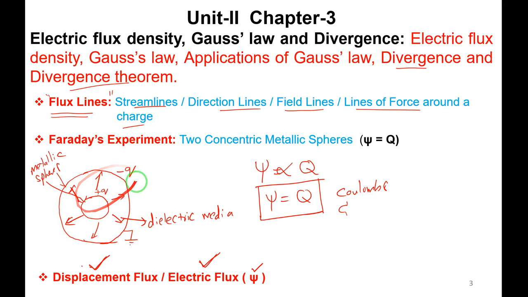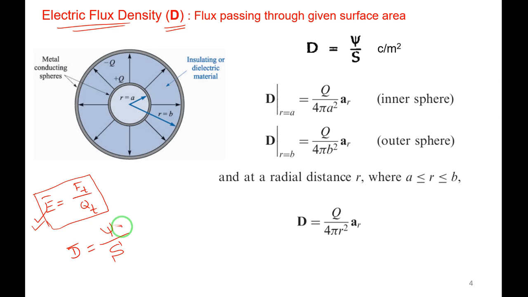The surface area of a sphere is 4 pi r squared, if the radius is r. The total amount of flux lines leaving this surface is psi. So the flux passing through unit surface area we call electric flux density. Psi equals q, so the unit is coulomb per meter squared, since surface area is measured in meter squared.